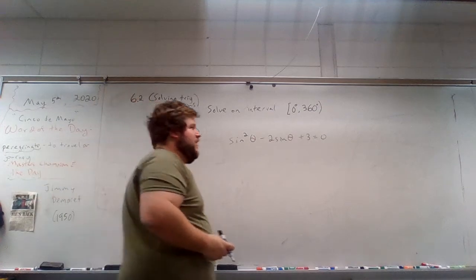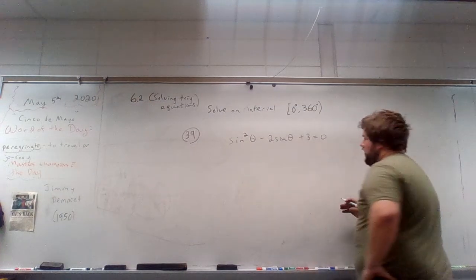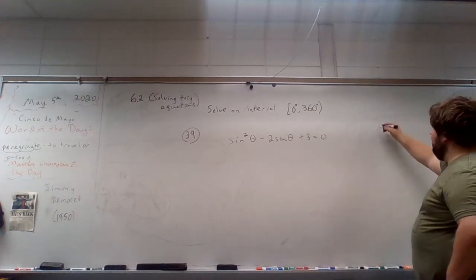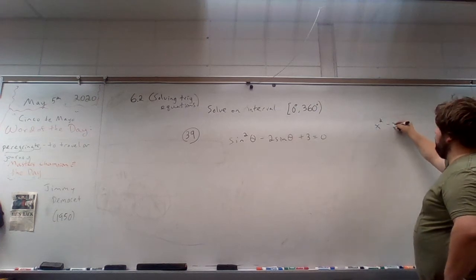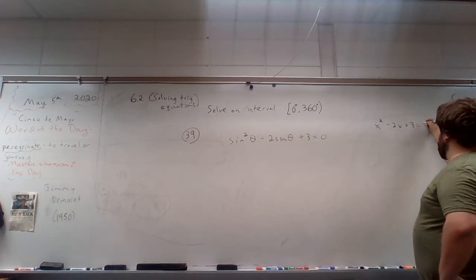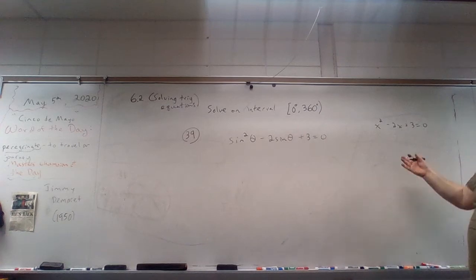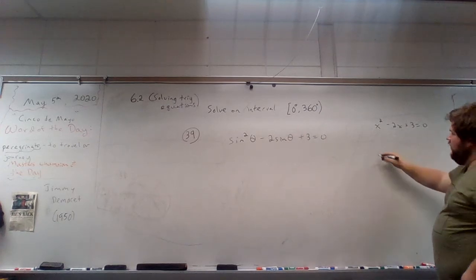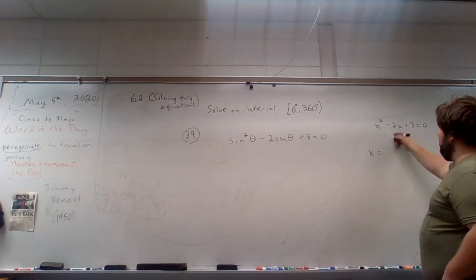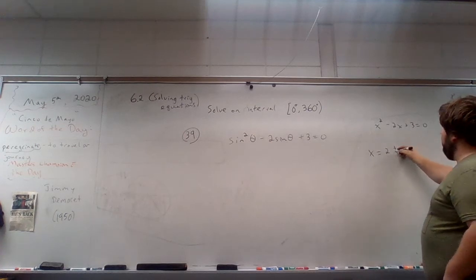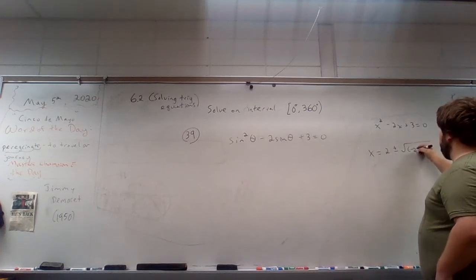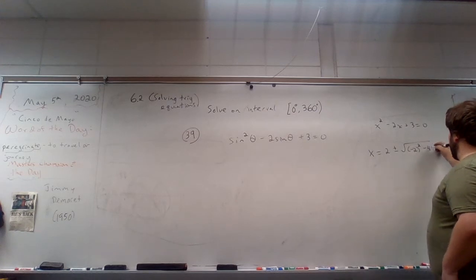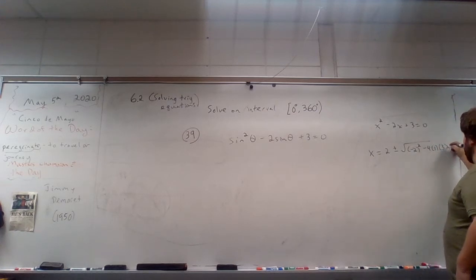How do you know that there's not a solution? I want to compare this to something like x squared minus 2x plus 3. If I had this equal to 0, I wouldn't hesitate, if I couldn't factor it, to use the quadratic formula on it. So negative b plus or minus the radical of b squared minus 4ac, right?